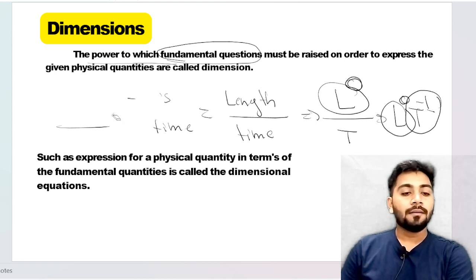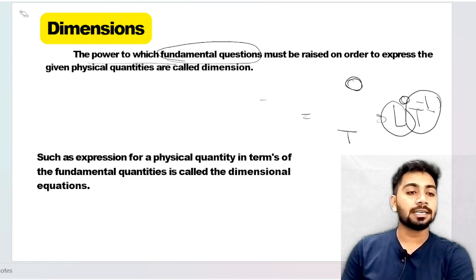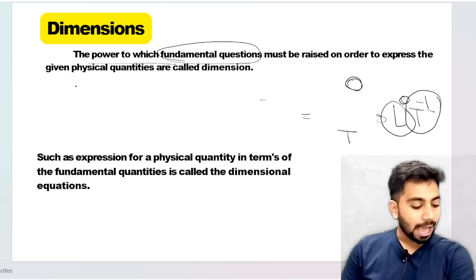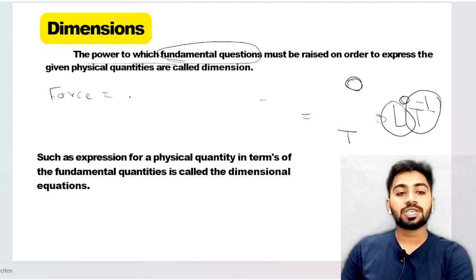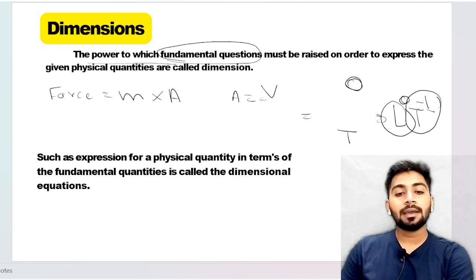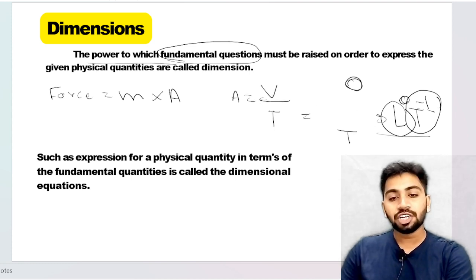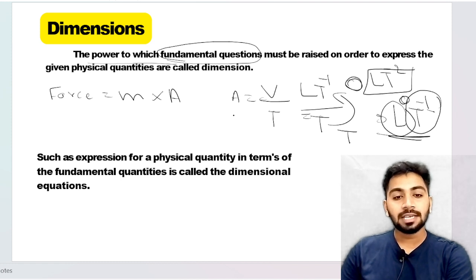Now we will discuss some dimensions more. Let us take force. Force is equal to mass into acceleration. Now acceleration is equal to velocity by time. The velocity dimension you got here, and one more time is there; if I send this above, it will be like this, and I get acceleration.